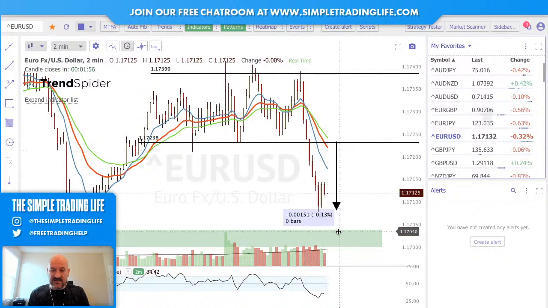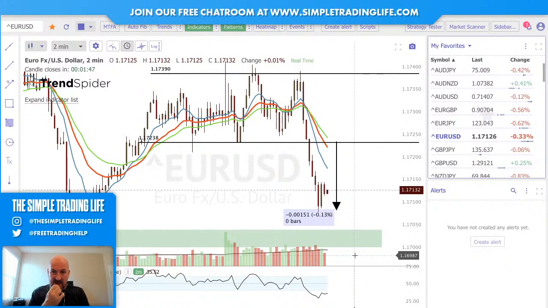Then if it gets down to 20 pips, maybe you move it from here to 10 pips. And then if it gets down to 30 pips, so on and so forth, you keep trailing it down. And if you get to a point where you want to exit, you just take your exit, or you wait until price comes back and closes above the 10. So that's a simple way of doing it.